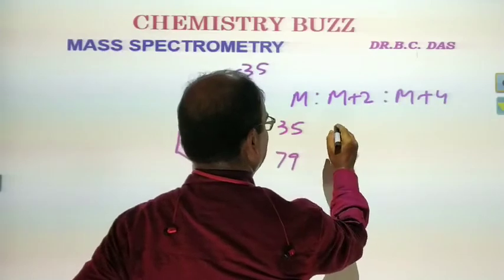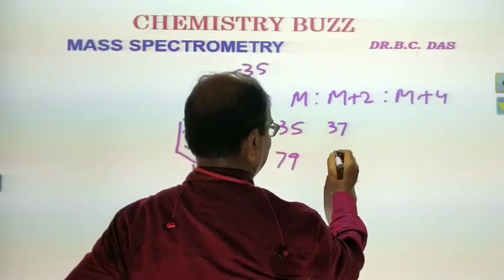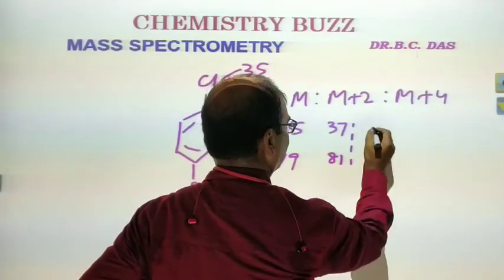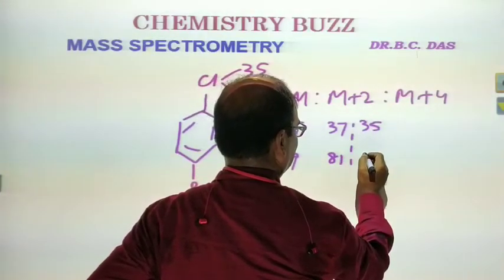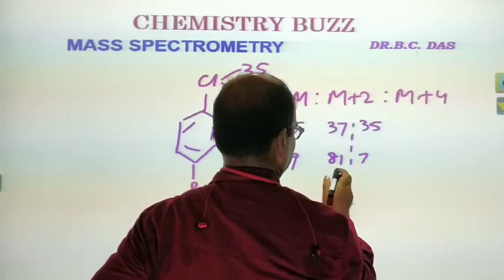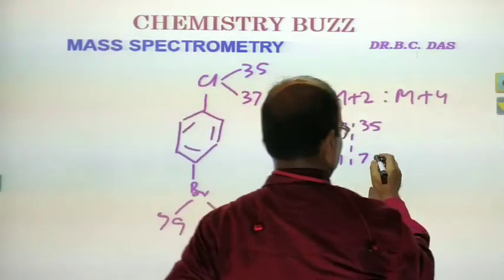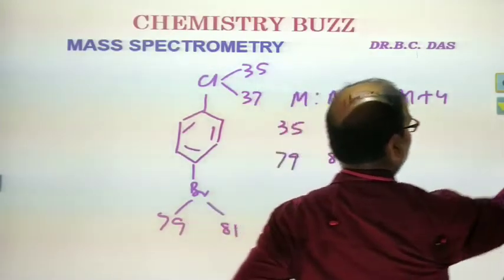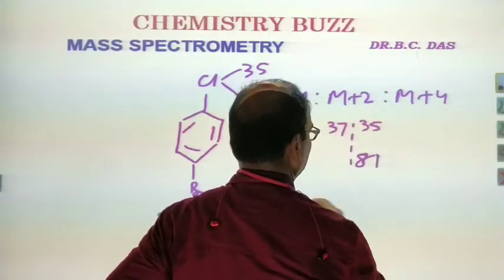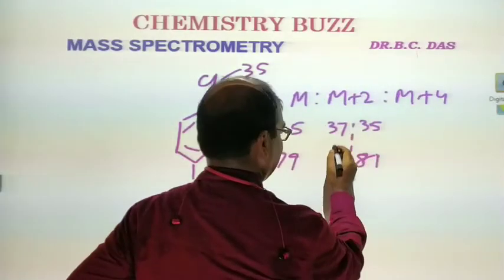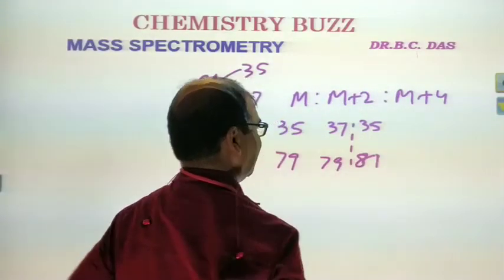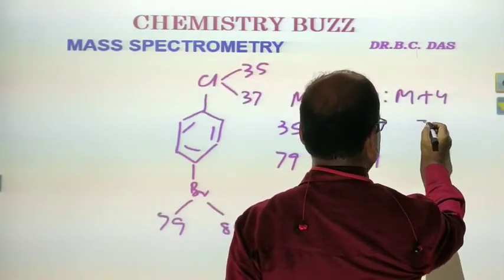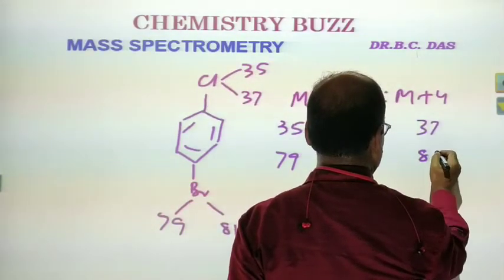So for m+2 we take 37 and 81, and 35 and 81, written here, and 37 and 79. So 2 unit mass increases, here 37 into 81.